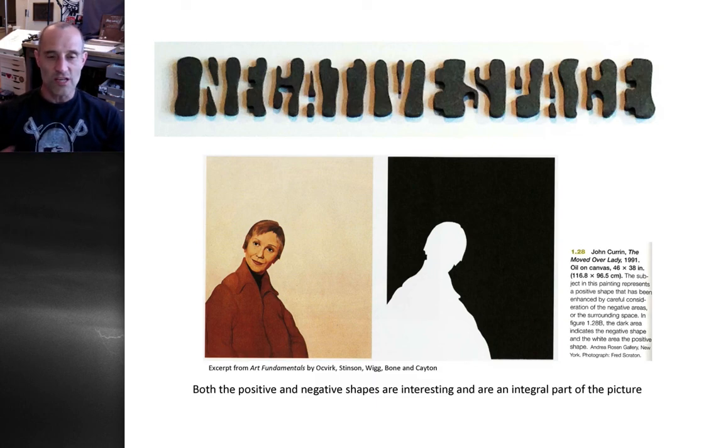By reducing it to just black and white, we see how the shapes that are there, both the positive shape and the negative shape, and their shared edge, are pretty interesting compositionally. And so it makes it feel much more unified. It makes the figure feel like they're part of that space, right?